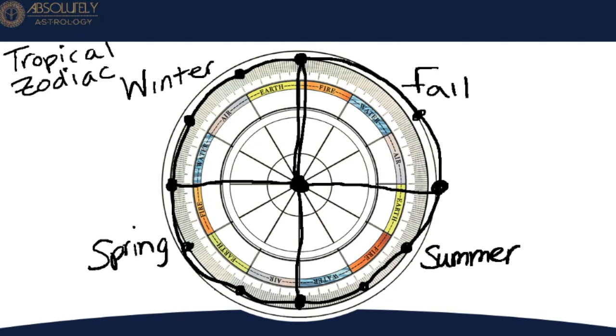And within this, you're getting a sense and a flow of how the energy works, but it breaks up into 12 segments. These are the 12 signs of the Zodiac. So you have Aries, Taurus, Gemini.